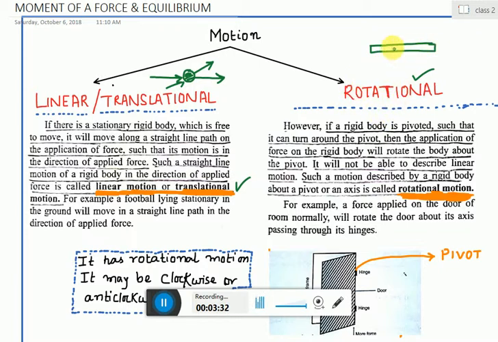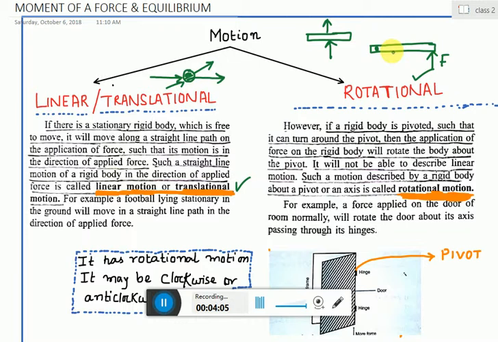Now if I put one nail and pivot the stick by this nail onto the wall, and I give a force in the upward direction, in this case this body is no more free to move in all directions. If it had not been pivoted and I gave a force in the upward direction, it would have moved along the line of application of the force.